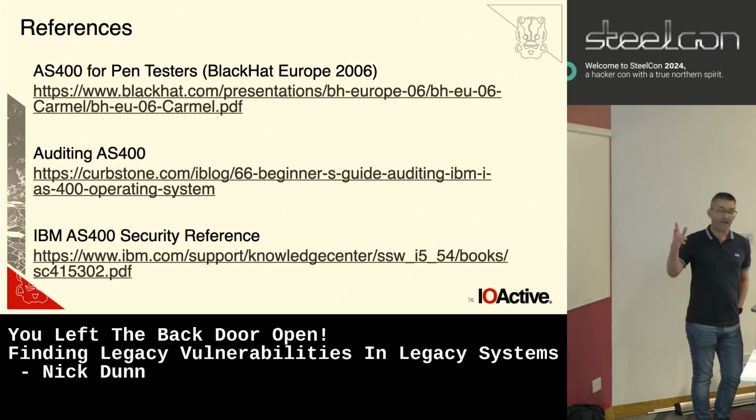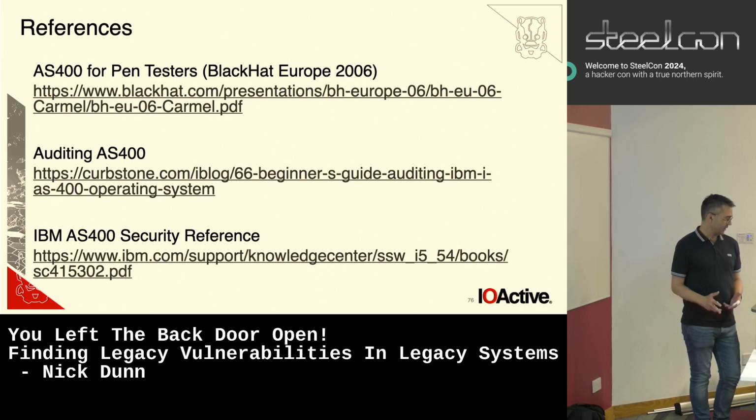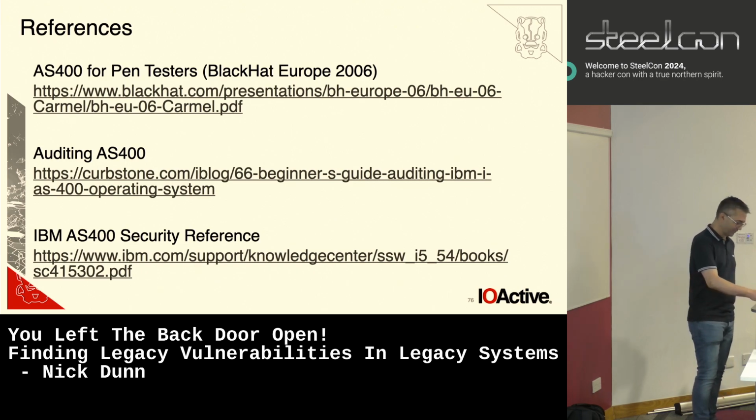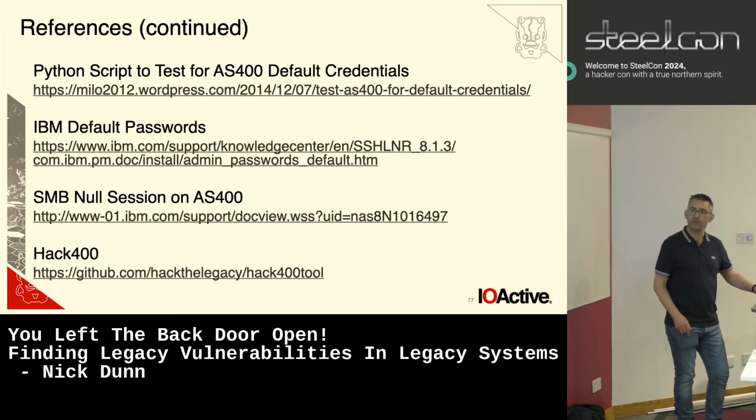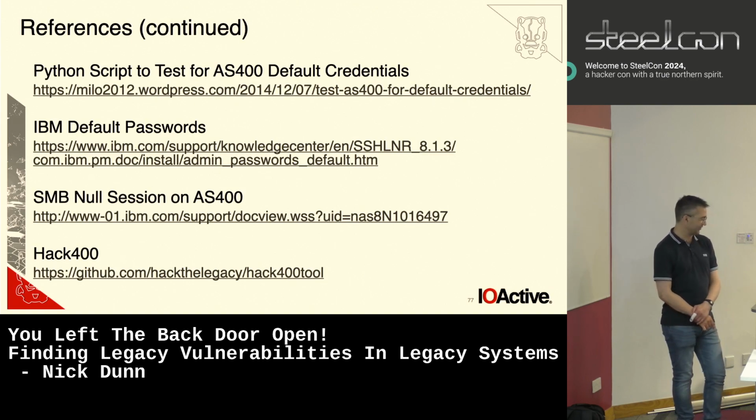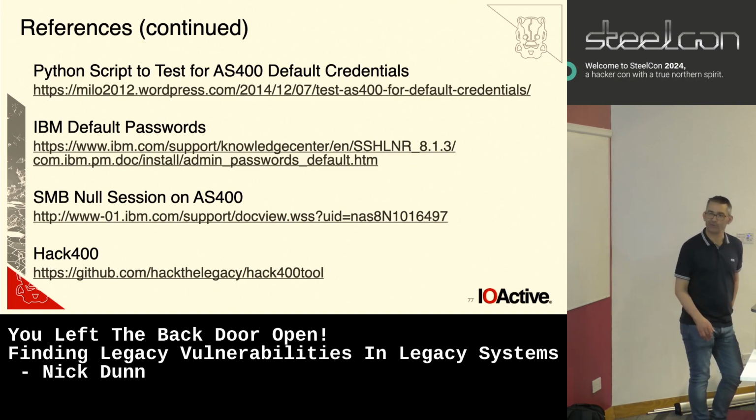That top slide there is from the guy who wrote Hack 400. And so there's his slides there, and you can also watch his demo of it at Black Hat Europe. As well as all those IBM security references, the Hack 400 tool can be downloaded there. And there is a proper explanation if anyone ever asks you why you're not reporting the SMB null session.